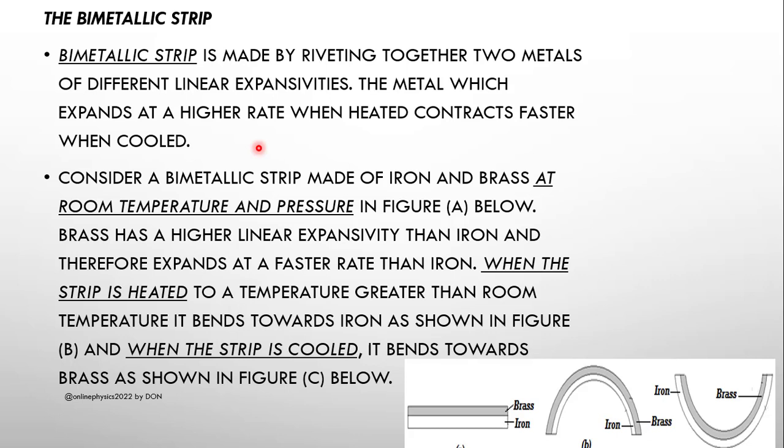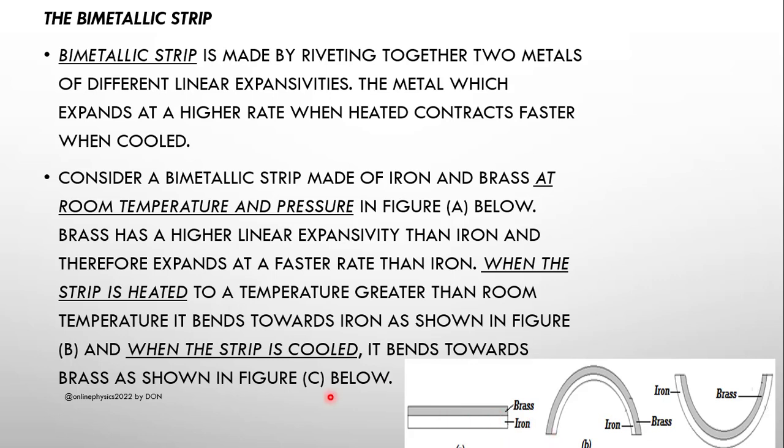So we want to consider a bimetallic strip made of iron and brass at room temperature and pressure. In the figure below, we have these figures here. Part A, brass has a higher linear expansivity. At room temperature, we have this brass and iron riveted together and they are very straight.